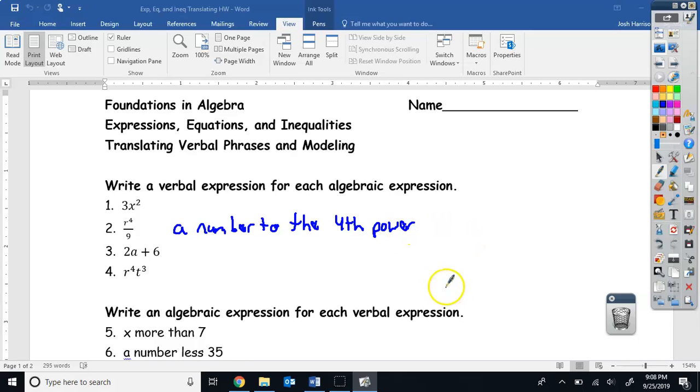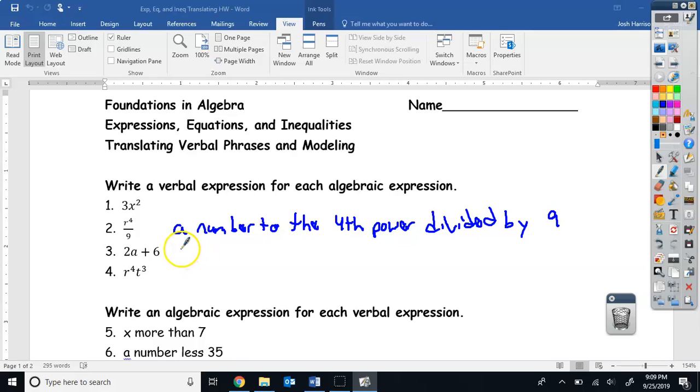A number to the 4th power divided by 9. So notice if you can actually read what it says, r to the 4th power divided by 9, that also helps you to get your verbal expression.